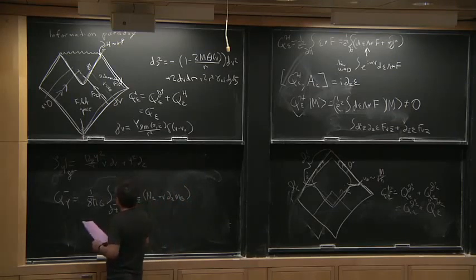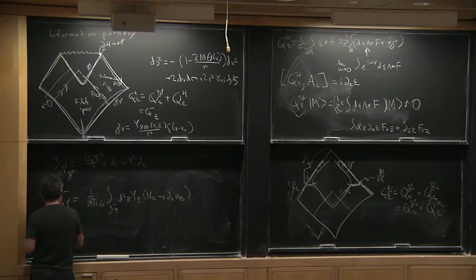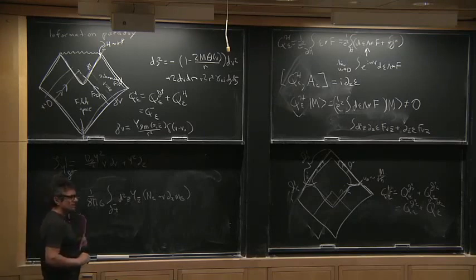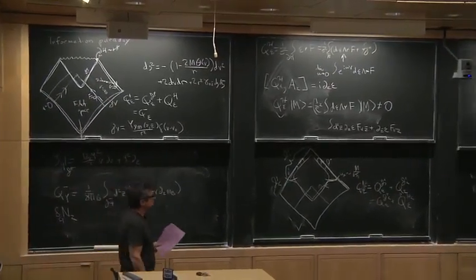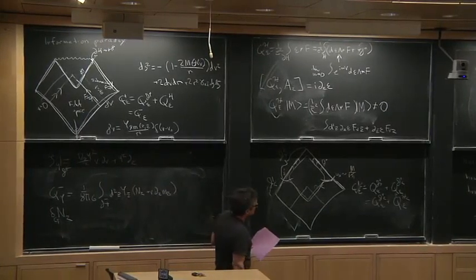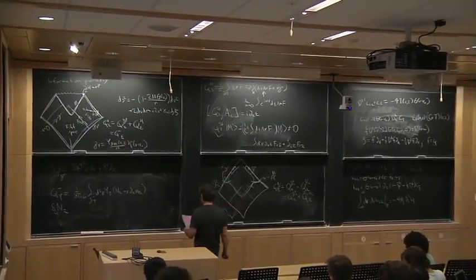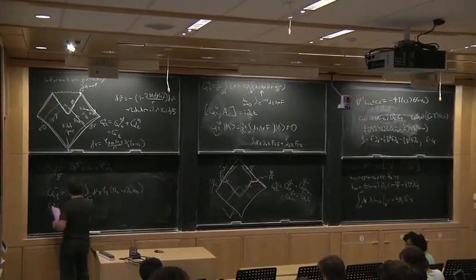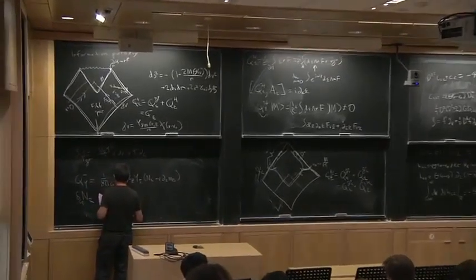And now, under a supertranslation, you can show that delta, let me call it delta ct. So after the shock wave, N_z will be shifted by the supertranslation. In fact, the 1 over r term there is 3m dz ct.